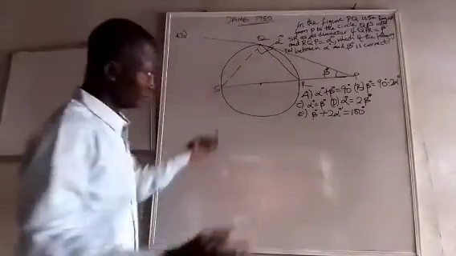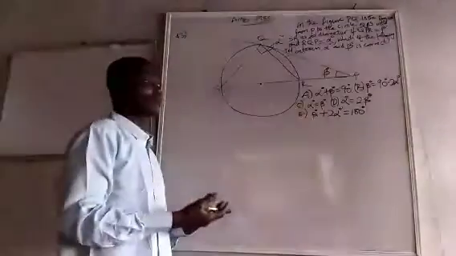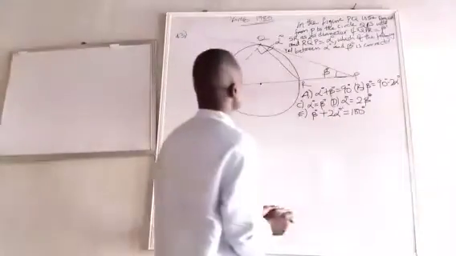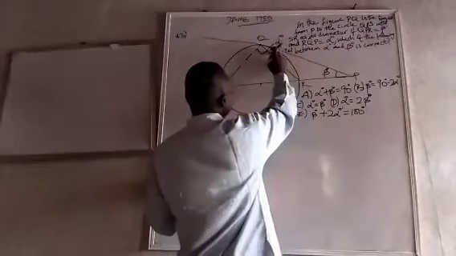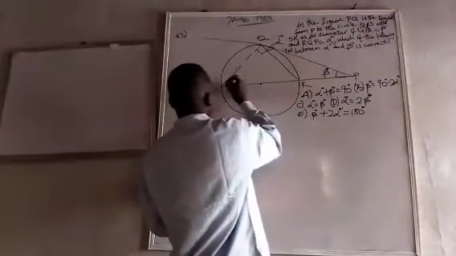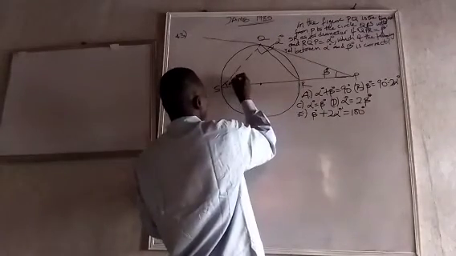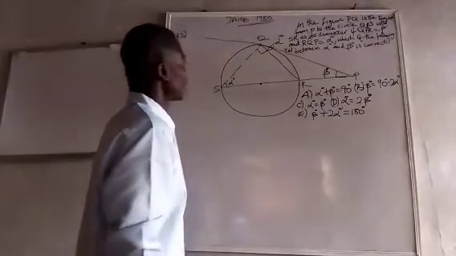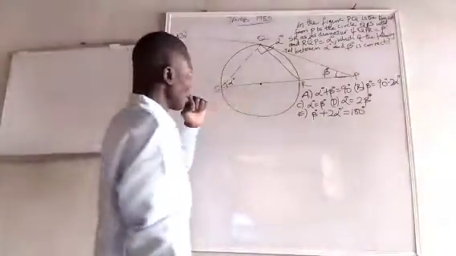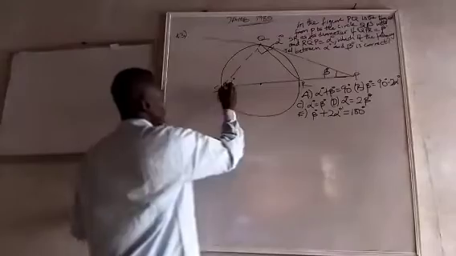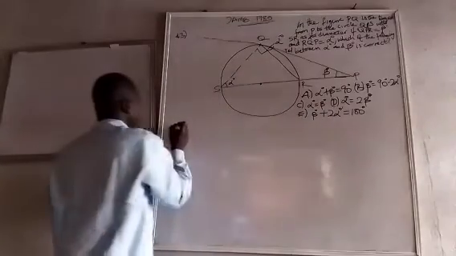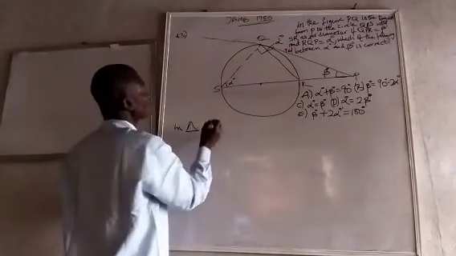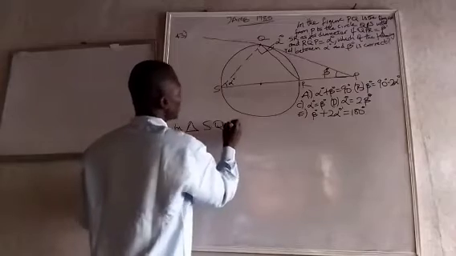And from our circle geometry and triangles, we know that if this is tangent to this place, this angle here will also be equal to alpha. And we can now bring out something. We have triangle SQP.